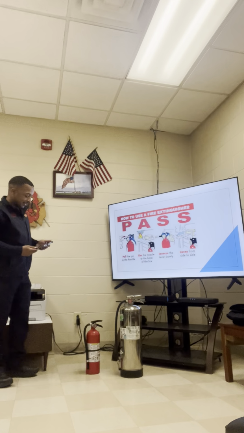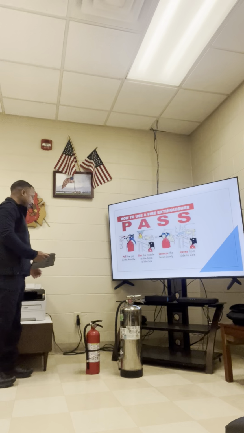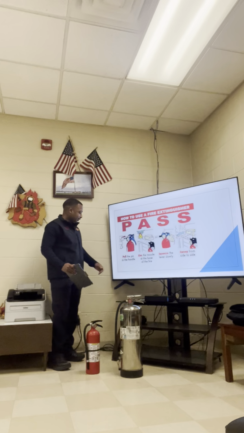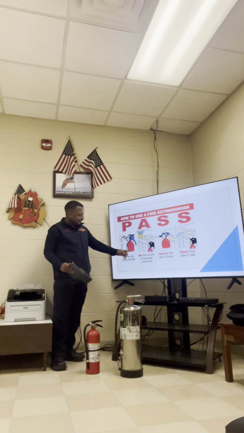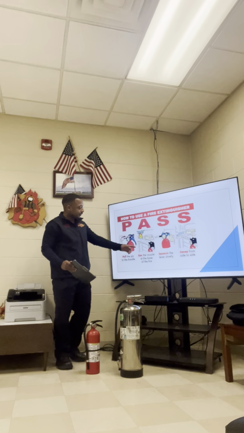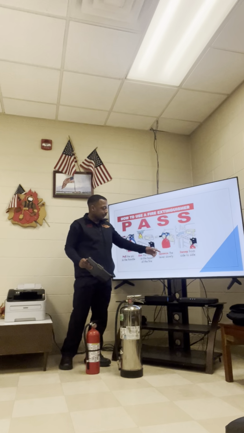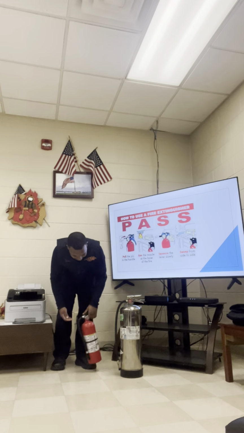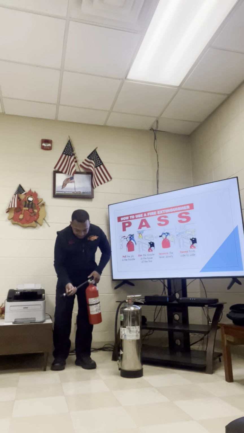This is how you use a fire extinguisher. It's called the PASS acronym. Pull the pin, aim the nozzle at the base of the fire, squeeze the lever slowly, sweep from side to side. Oh, I'm not going to do it because it's active.